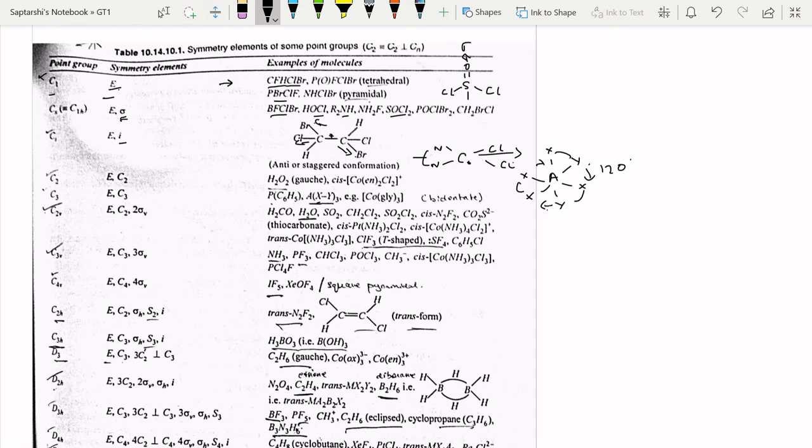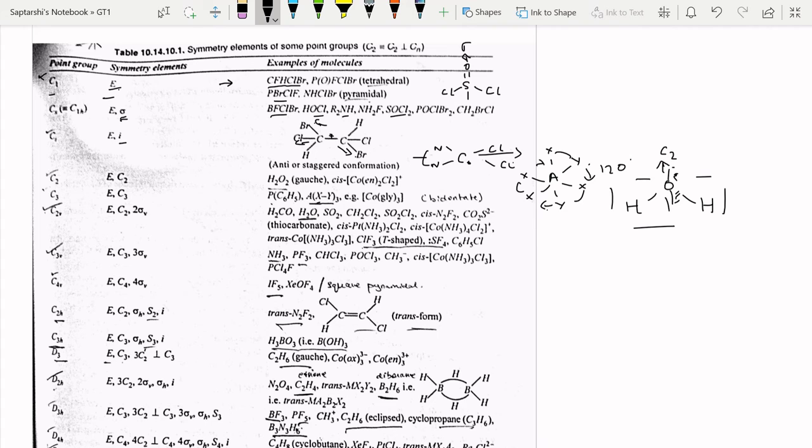Similarly for H2O, it has both C2 and sigma v, right? It has two sigma v's, or two sigmas basically, because we have a C2 over here, as well as a plane separating it, as well as the molecular plane, having this molecule intact.